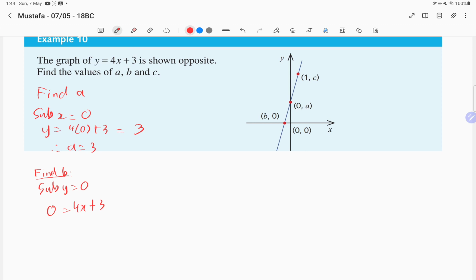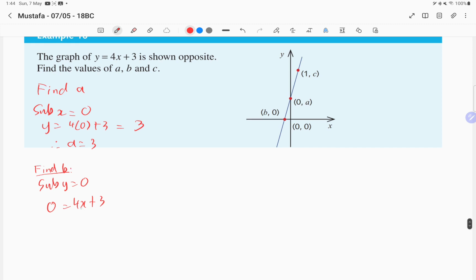So 0 equals 4x plus 3. So x is 0, y is 0. We're trying to find x. B, because B is the x coordinate where the y coordinate is 0, and B is on the line.